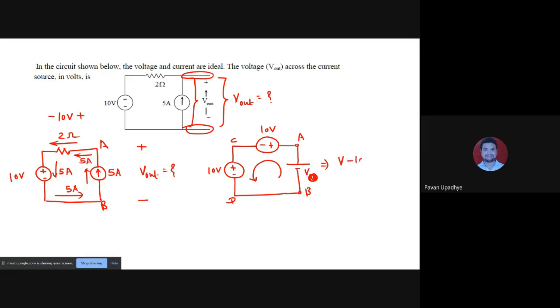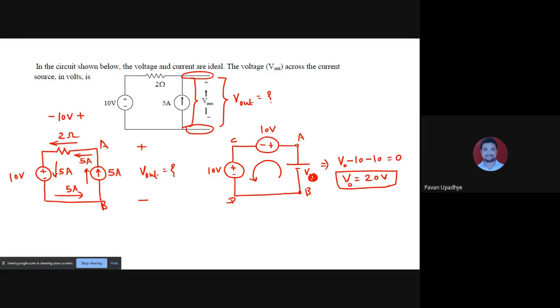So fall in potential. Then again a fall in potential, C to D. So V minus 10 minus 10 is equal to 0. So ultimately it gives us V is equal to 20 volt. So the answer is VO is equal to 20 volt.